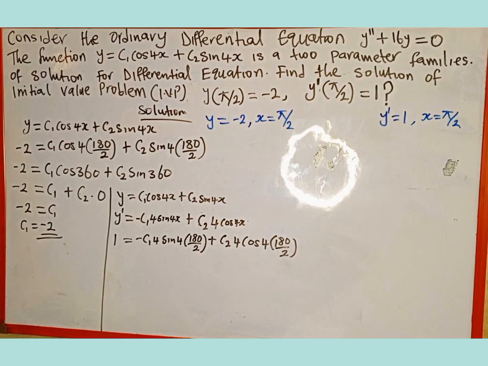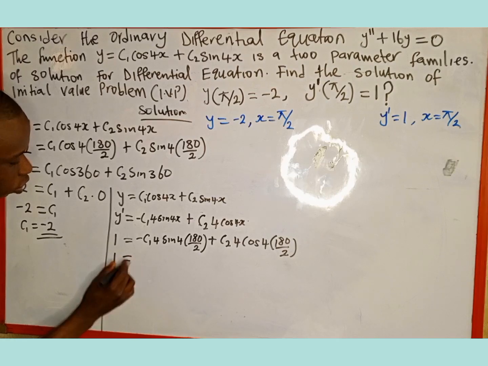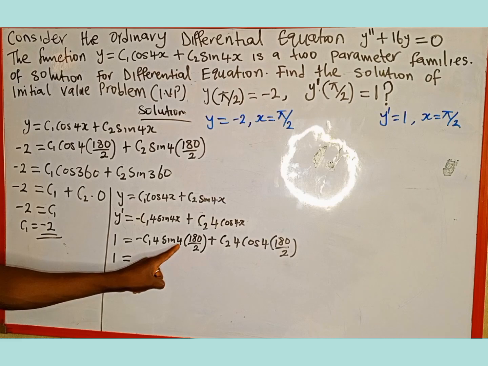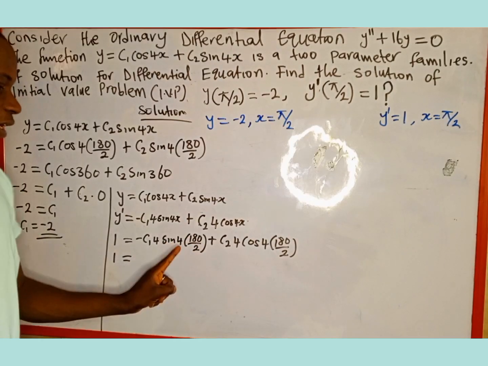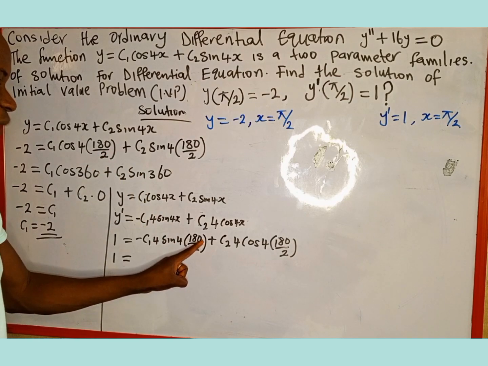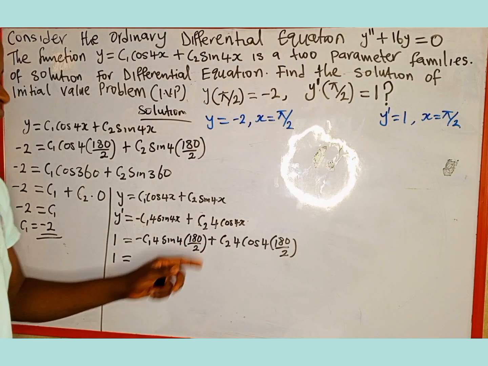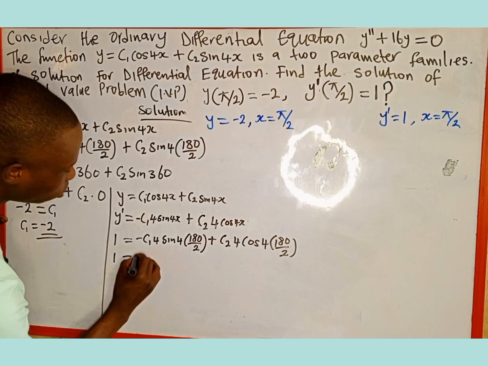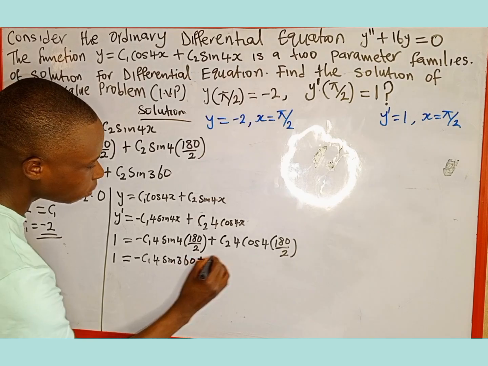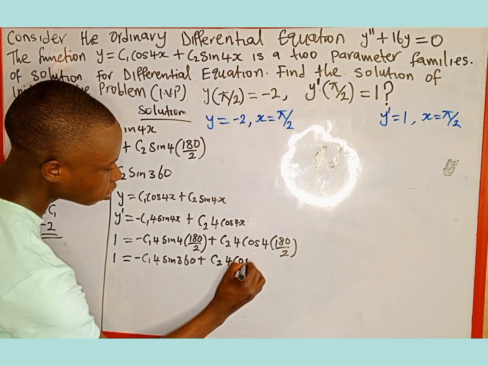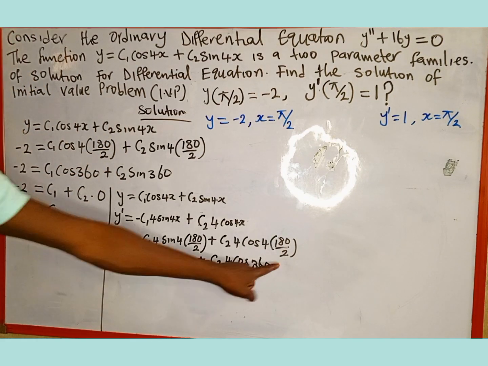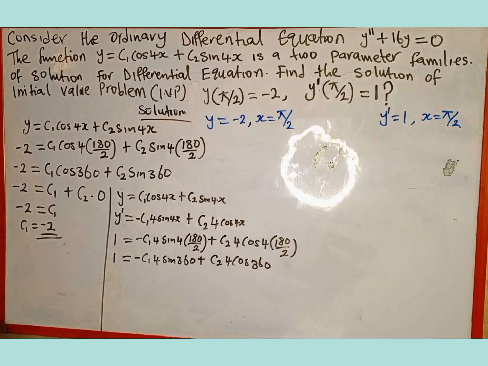Now we can go further to simplify. 1 will be equal to minus c1 4 sin, and 4 multiplied by 180 is 720, then divided by 2 is 360. So we have minus c1 4 sin 360, then plus c2 4 cos 360.